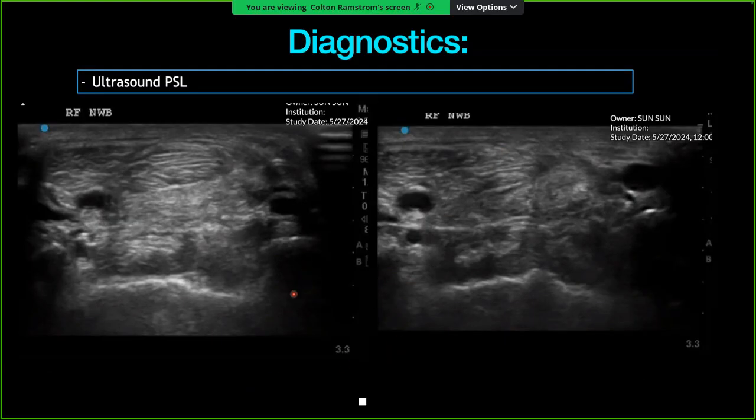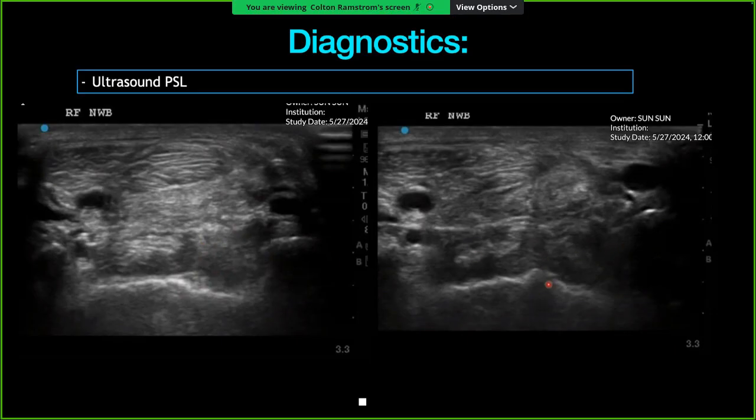So these are all non-weight bearing images, and we can see that we do have some irregularity in our palmar cortex here laterally. We do have some asymmetry as far as enlargement of this lateral lobe versus this medial lobe. And we can see a pretty nice distinction in our architecture between our more fatty bundles and our more muscular bundles and tendinous bundle here on the medial lobe, but we lose that architecture pretty much completely on this lateral lobe.